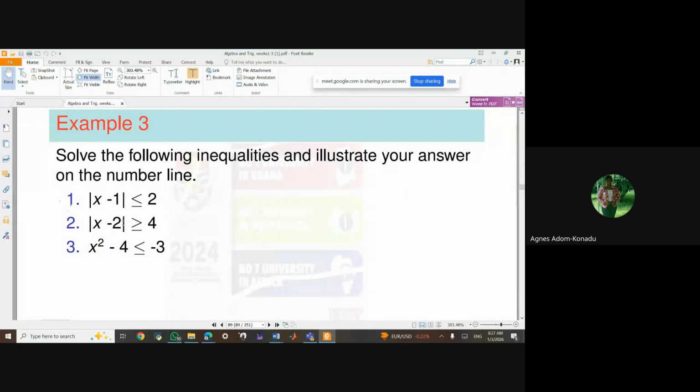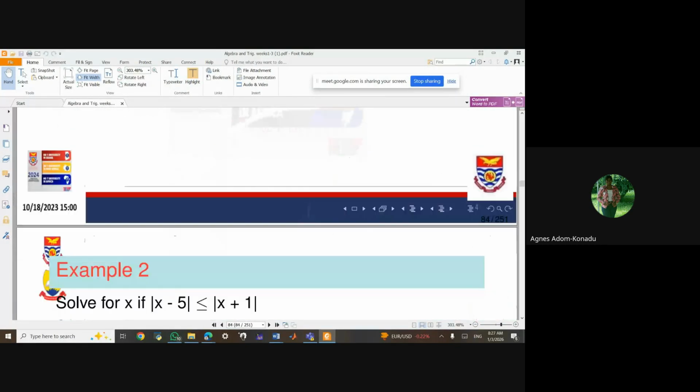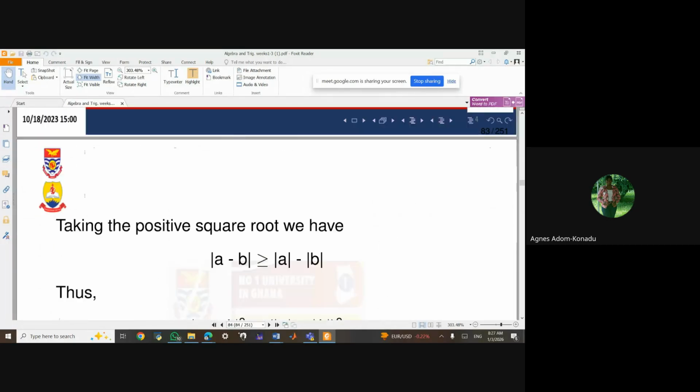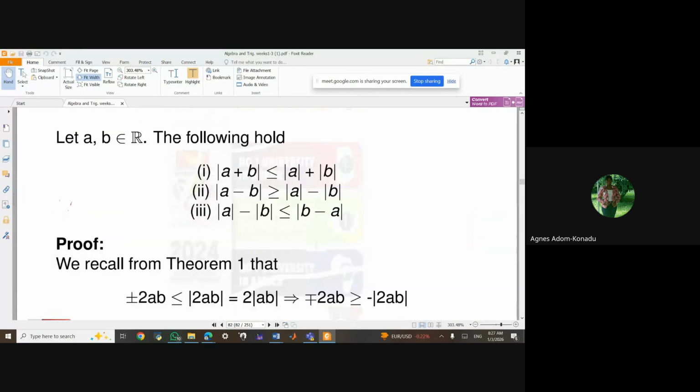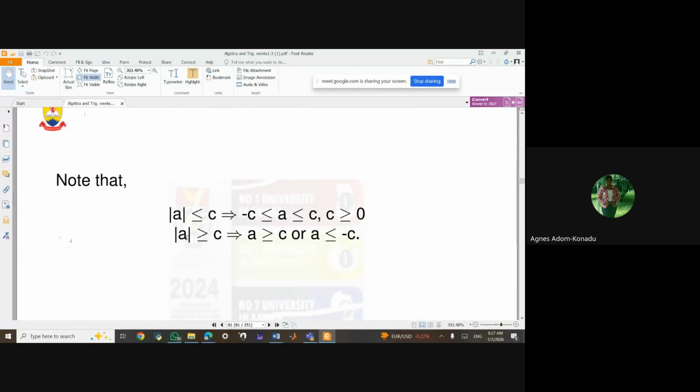So we have another one. You will solve this one for me. Absolute of x minus 2 greater than or equal to 4. Remember the theory is here. It says that if I have absolute of a greater than c, it is a greater than c or a less than negative c.